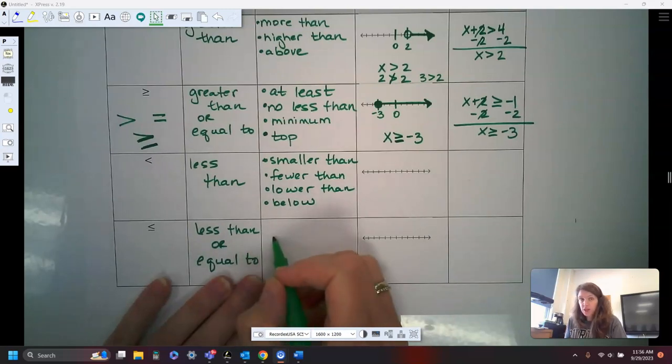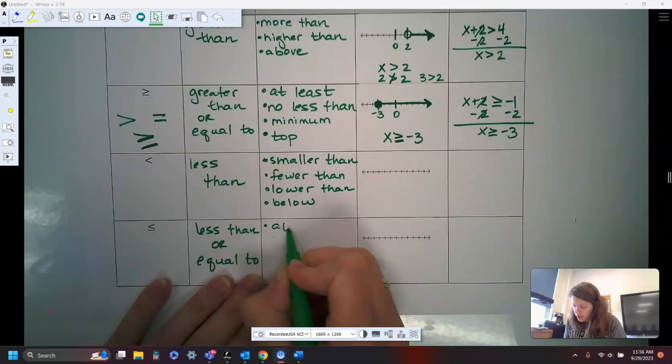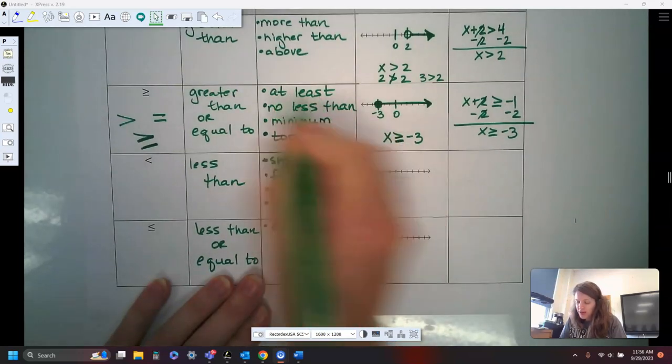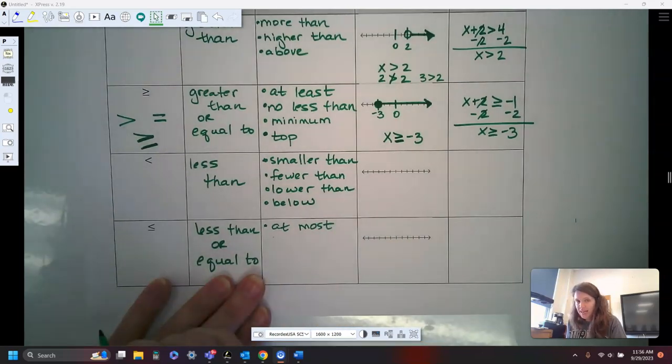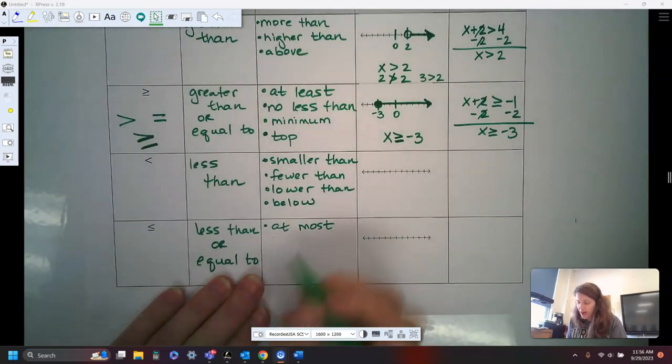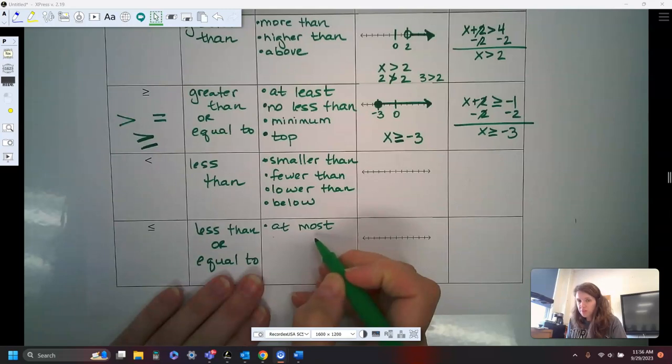All right. Those are some ones we might see. In the less than or equal to, we're going to have those opposite ones that we had here, right? At least meant it had to be bigger than that number. So at most is going to mean the opposite. I cannot go higher than that. I can have at most 25 students in my classroom. I can have 24 or 20, but I can't have 27 because I don't have enough desks.